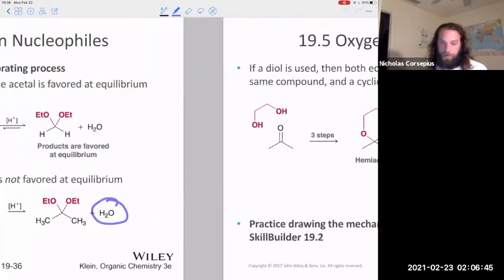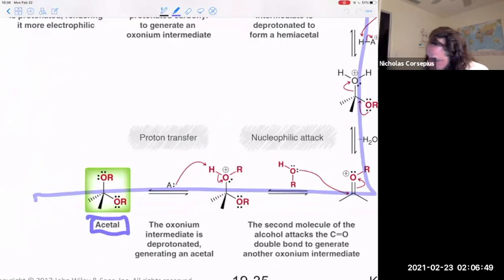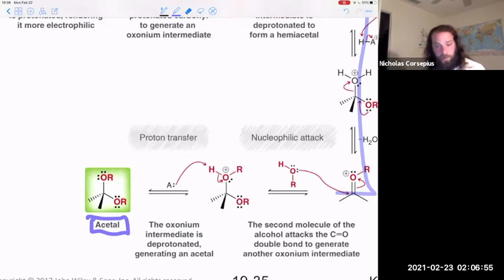Right, and just to hammer this home, by that I mean this last step here was the deprotonation of that alcohol group.